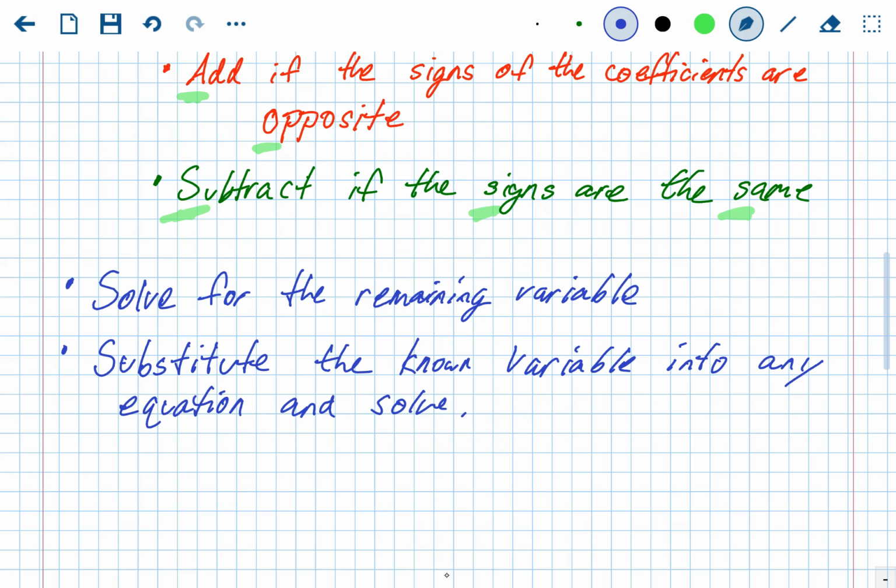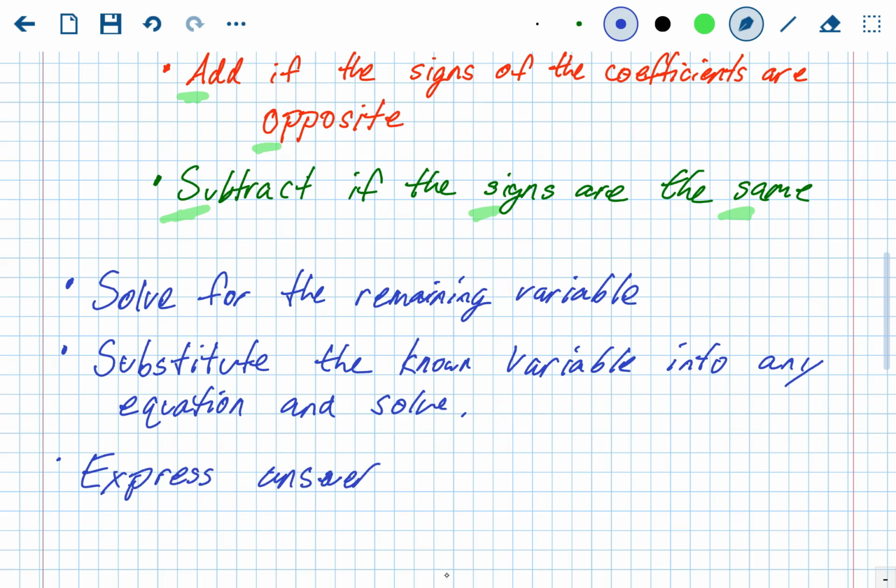If you found x first, you'd plug x into any equation and then solve for y. If you found y first, you'd plug it in for y and solve for x. And as always, express your answer as an ordered pair.